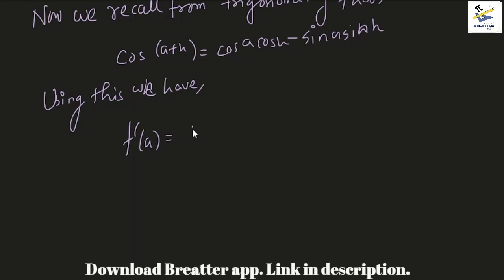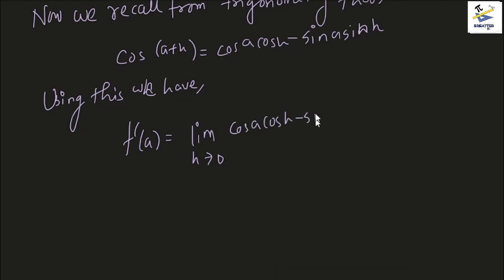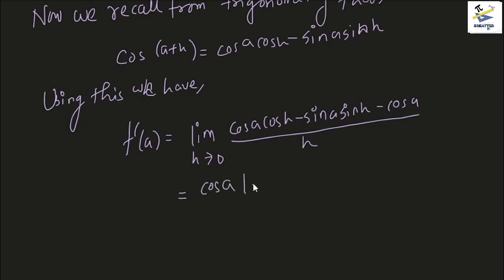f dash a equals limit h tends to 0 of cos of a cos of h minus sin of a sin of h minus cos of a, divided by h. So we can again distribute it as follows.